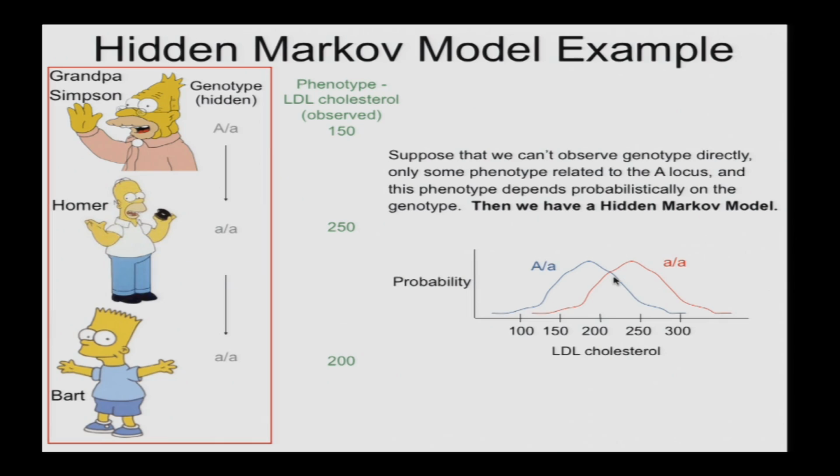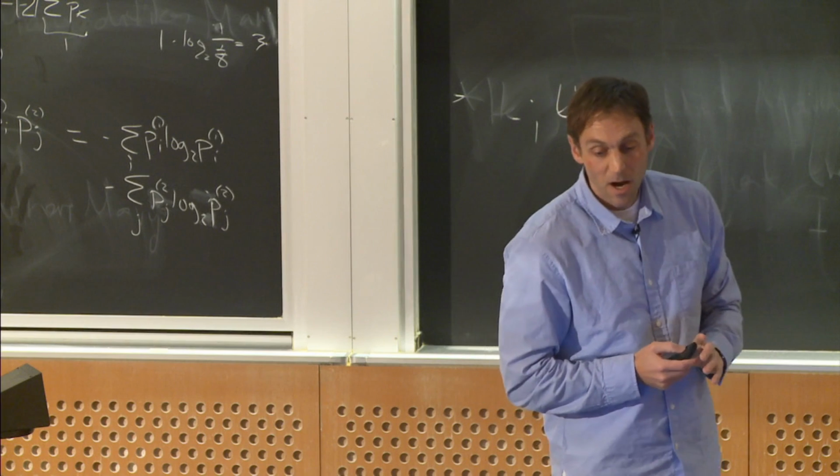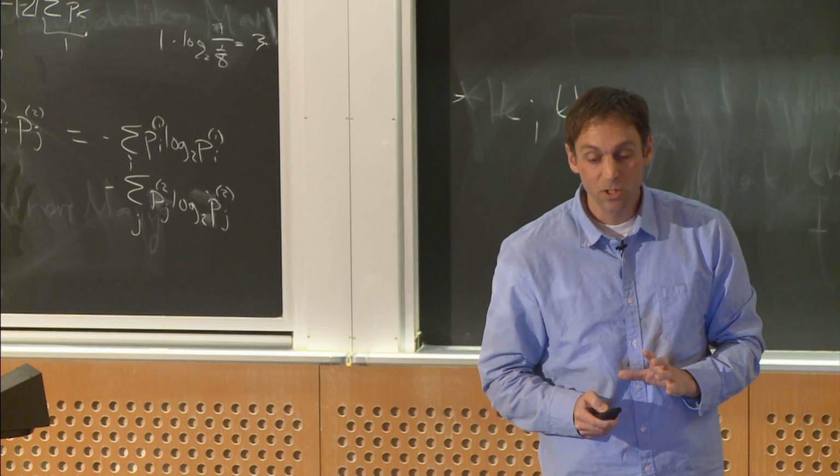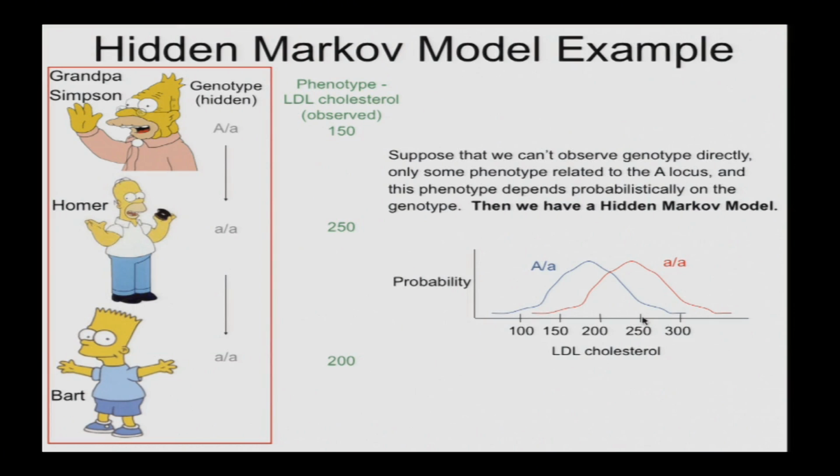You would just look at the population frequency of those two, and use that to guess. But remember, we know his father's cholesterol, which was 250, which makes it much more likely that his father was homozygous, and that in turn biases the distribution for Bart. So that makes it a little bit more likely that Bart himself is homozygous.